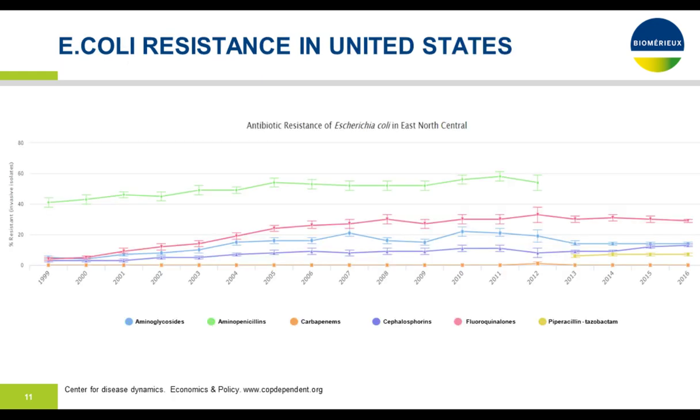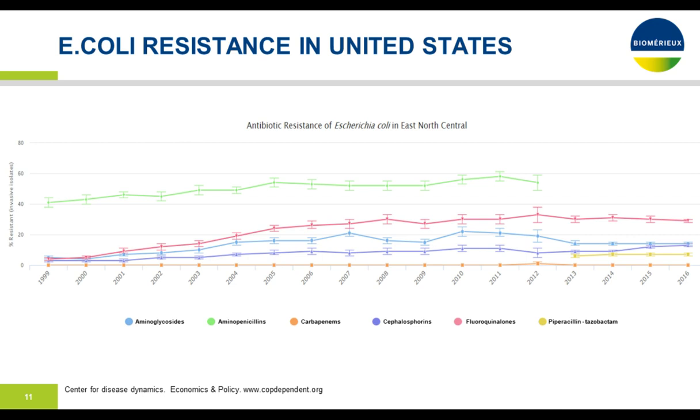Hopefully this slide shows up a little bit better, but this is a CDC look at E. coli resistance in the United States. In 1999, they started collecting this data. The green line is aminopenicillins, which would be your amoxicillin and your Augmentins of the world. And you can see that as of 1999, they were almost basically resistant.